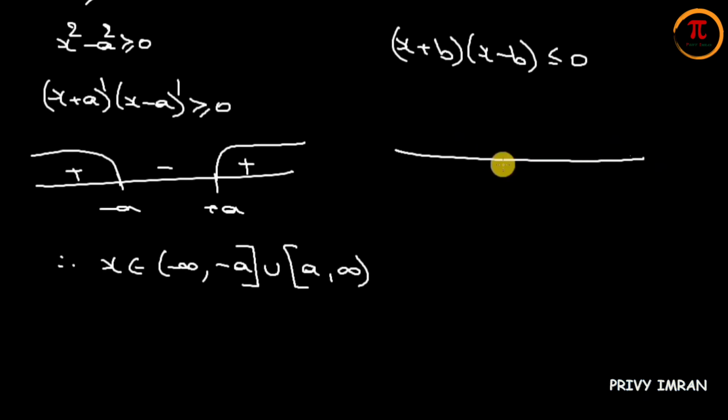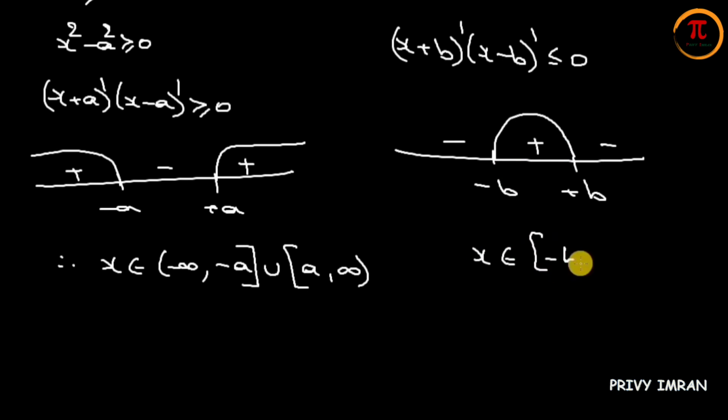Minus b and plus b. As it is negative, hence the given function is negative, hence here you need to write minus. And again here plus and minus. Why? Because here odd powers are available. Now I need to consider the minus sign. Hence x belongs to minus b to plus b.